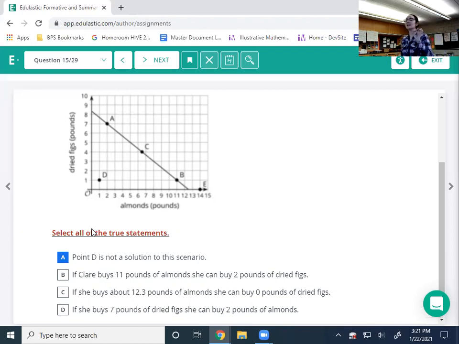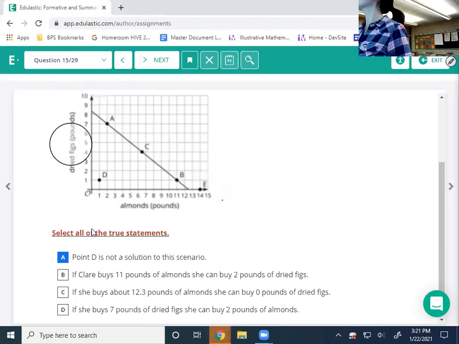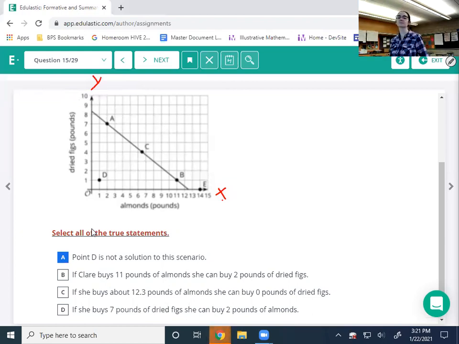It says if Claire buys 11 pounds of almonds, she can buy 2 pounds of dried figs. So which of our axes here, Jaden, the y-axis or the x-axis? Or no, I switched them up. Sorry. Our x-axis or our y-axis is talking about almonds. The x-axis? Yes.